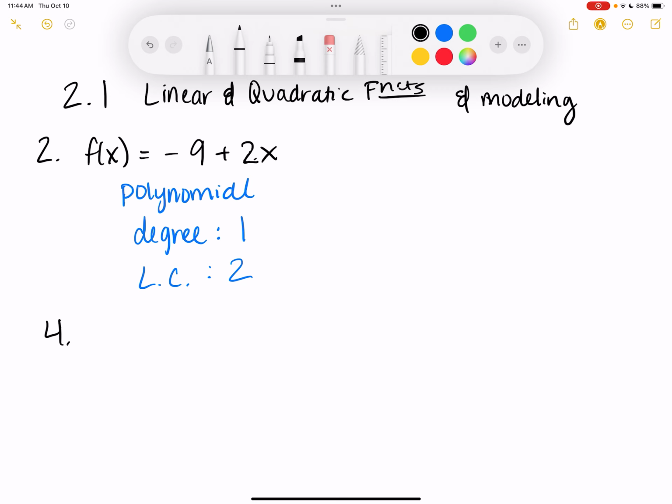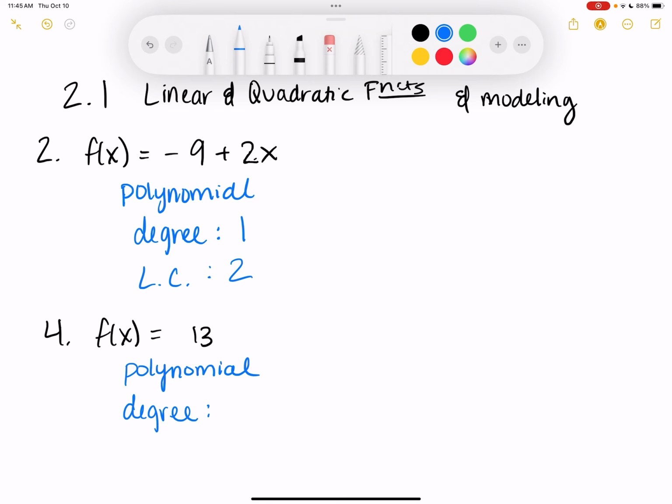Number 4, f of x equals 13. Is this polynomial? Yes. What is the degree? The degree is whatever power is on x.